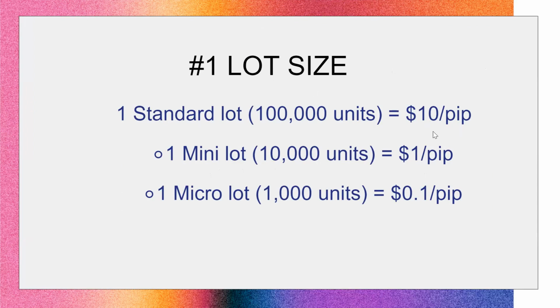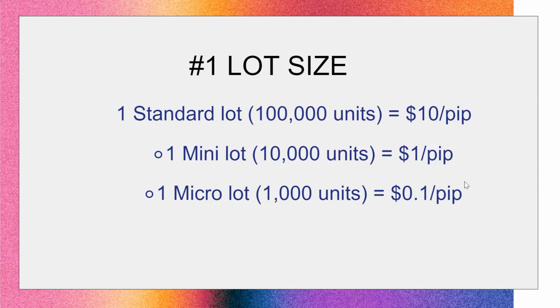If the market moves by just one pip, what you are either making or losing, depending on the direction, is $10. If you're trading with one mini lot and the market moves one pip, that is equal to $1. And if you're trading with micro lots, one pip move is equal to $0.1.